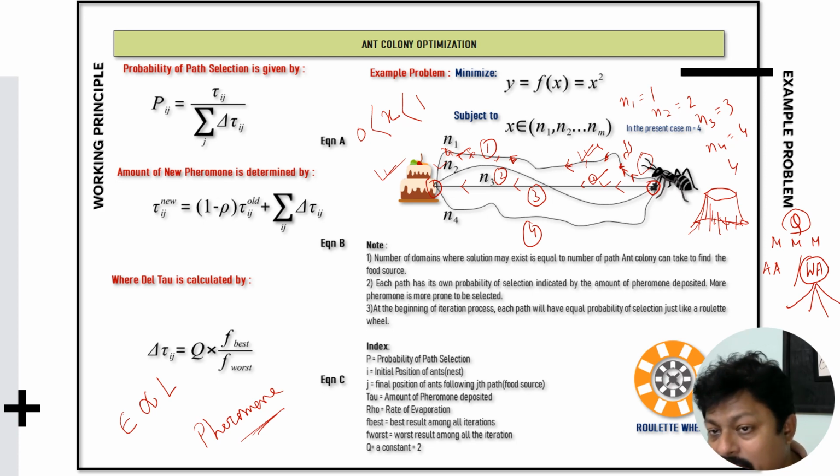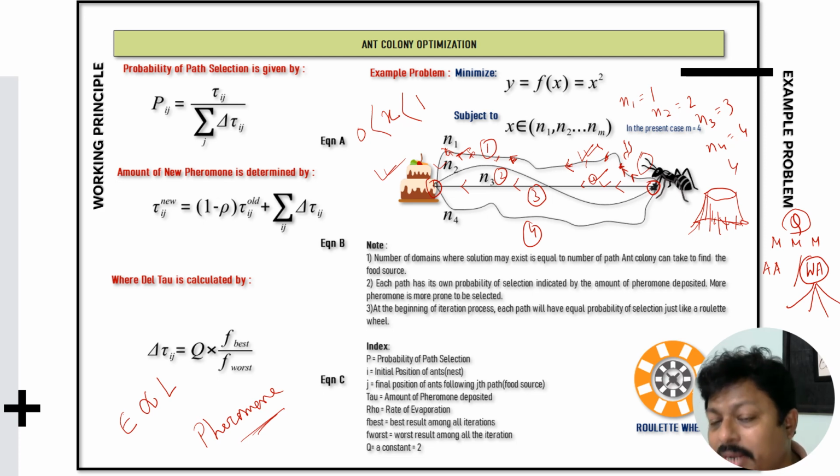So the path which has the solution will have more pheromone due to this constant deposition from the to and fro journey of the ants.